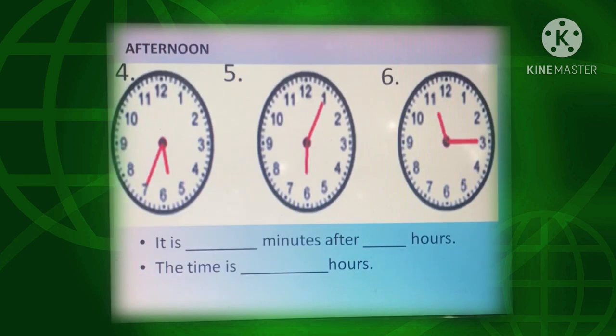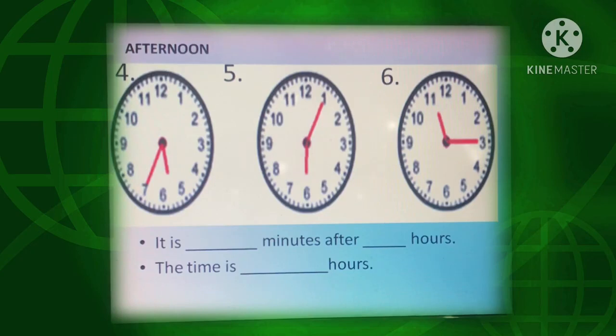Next, number 4, 5, and 6. That will be in the afternoon. Again, afternoon. 1 is 13, 2 is 14. So what is the time? It is blank minutes after blank hours. The time is blank hours.